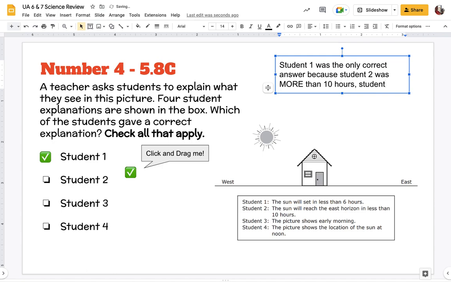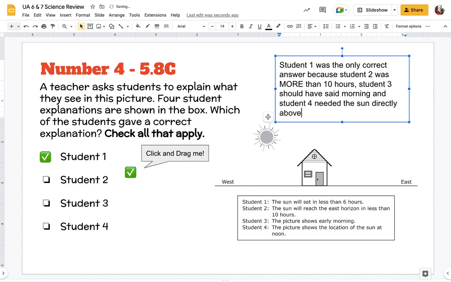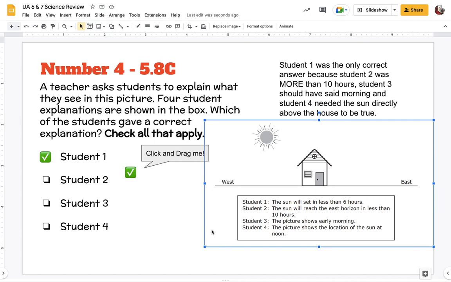Student 3 should have said morning. And student 4 needed the sun directly above the house to be true. Bam, done. Okay, good job.